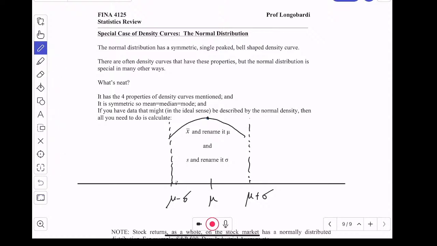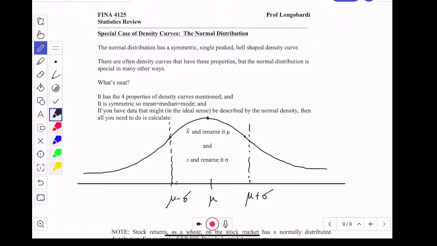So this goes up like this, then this begins to curve right there, like that. Okay, so it curves like that.